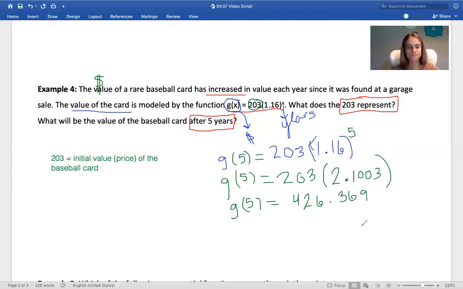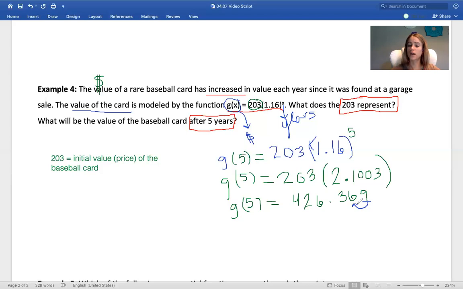Now that's a fine answer. But if we look back at what things represent, we were trying to find the value, so money. Do we use 3 decimal places when we talk about money? No. So it's not acceptable for me to leave my answer like this. I need to round to the hundredth spot, so I only have 2 decimal places. To round, remember you look at the number after. So the 9 right here tells me whether I'm going to round up or down.